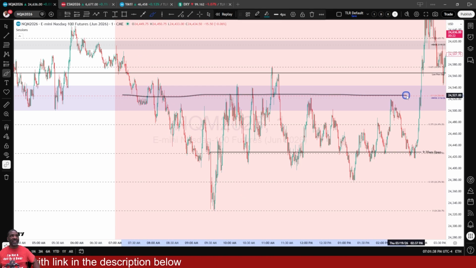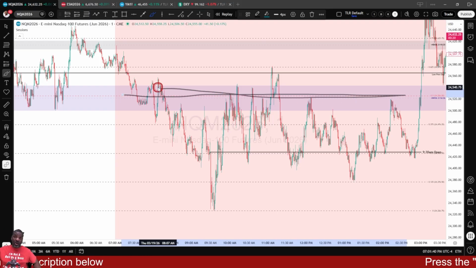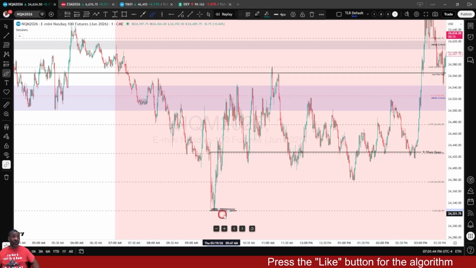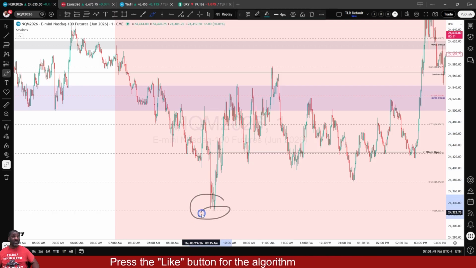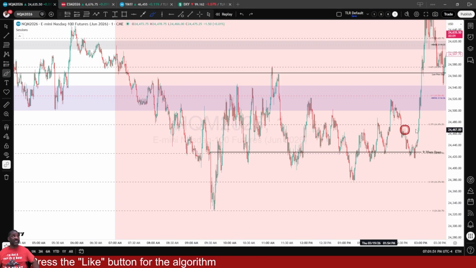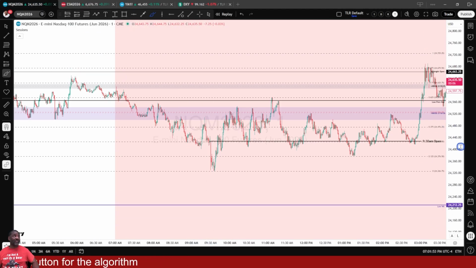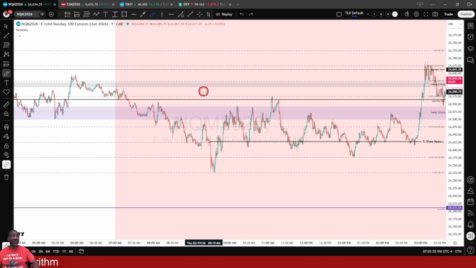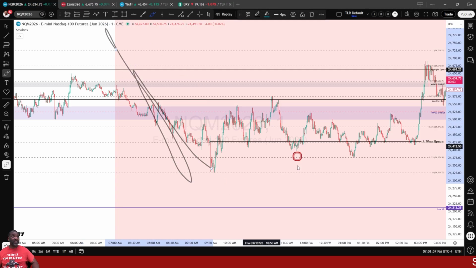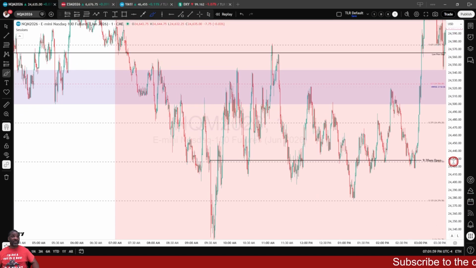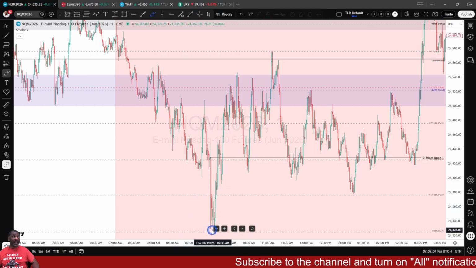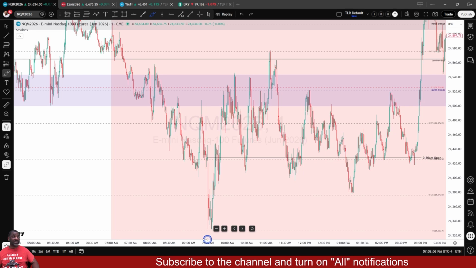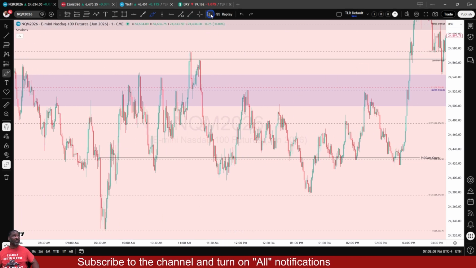Because this is equilibrium of the overall day. Once we make this low at 9:30, this is when we start watching price at 9:30. This is the lowest low, and that's the highest high up here after of the day. So after 9:30, we're down here at the lowest low, when price starts to rally back up.